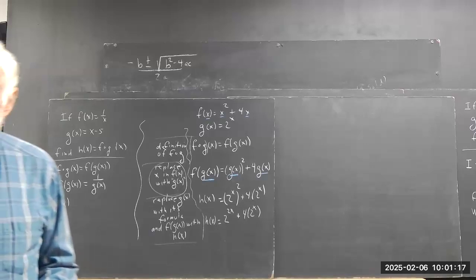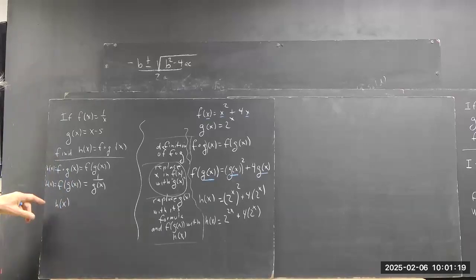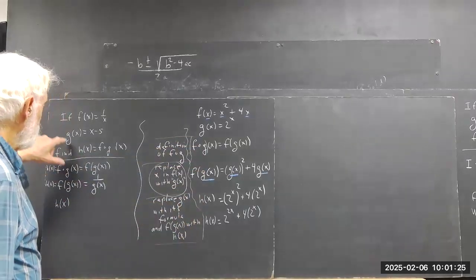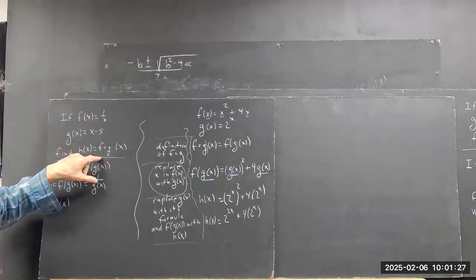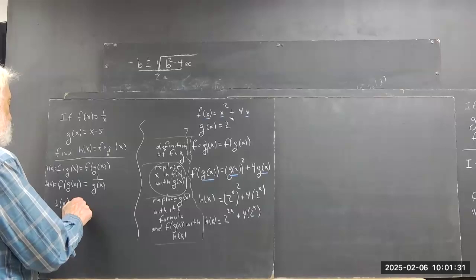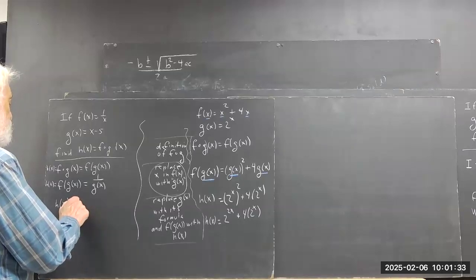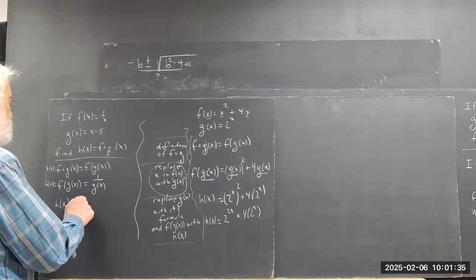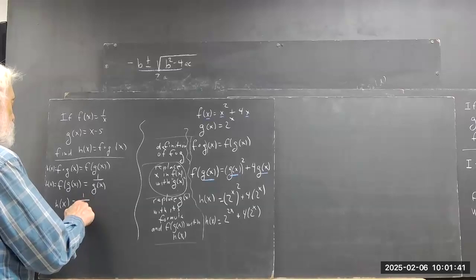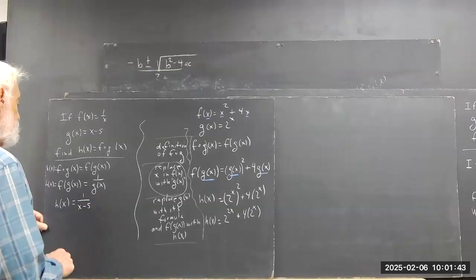So I got h of x equals, and h of x equals, which I thought I should have done up here because that's what you said. Anyhow, then h of x equals 1 over x minus 5.